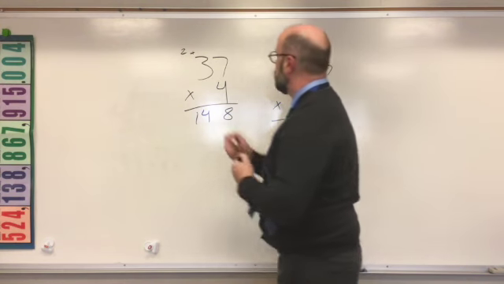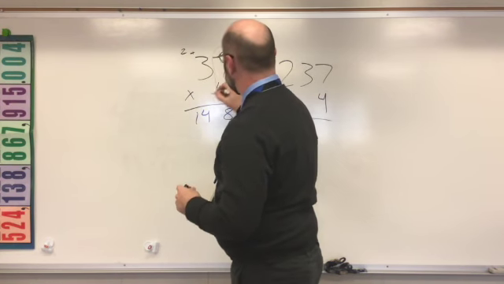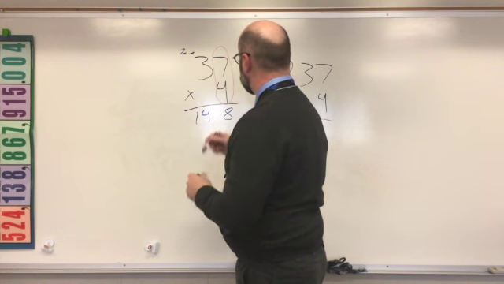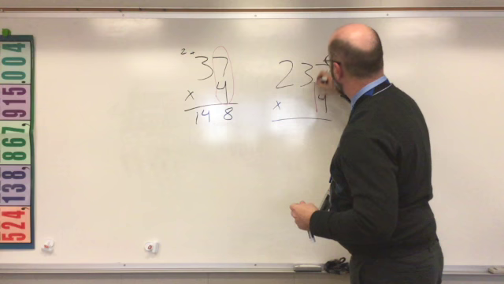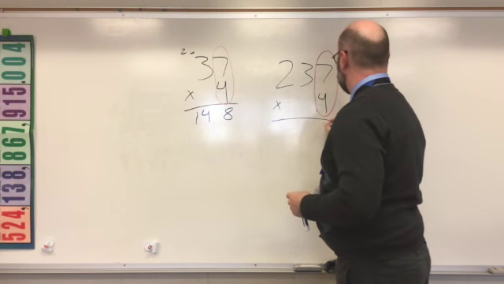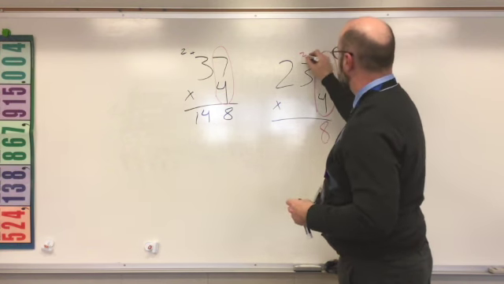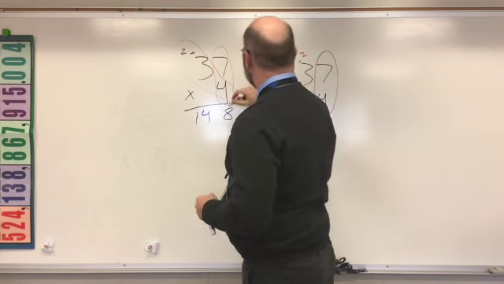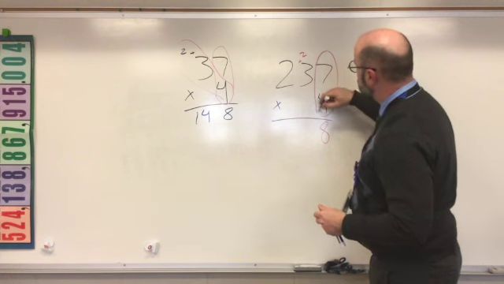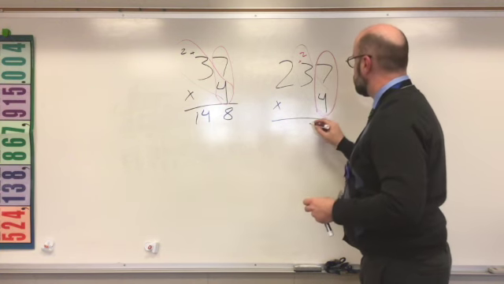Much like we did over here, we did 4 times 7, which was 28. Same thing over here, you do 4 times 7, which is 28. Carry the 2 over. And much like we did over here with 4 times 3 plus 2, we're doing that again over here. 4 times 3 plus 2 is 14.